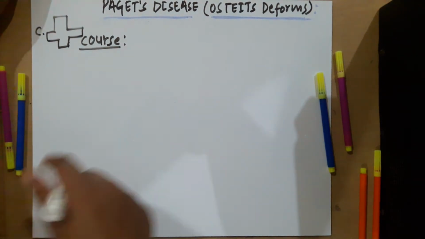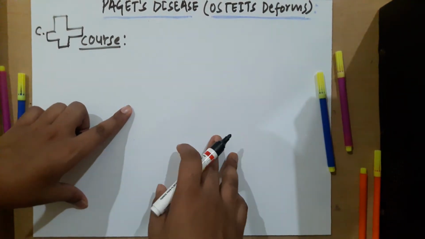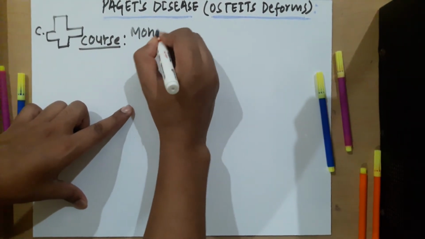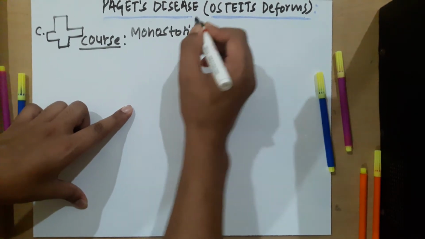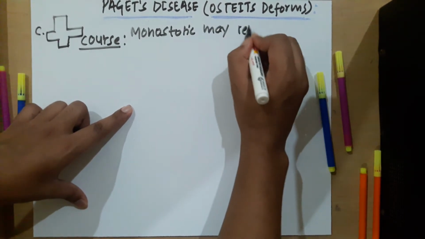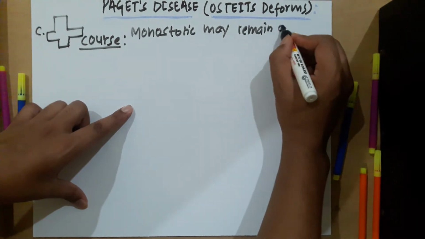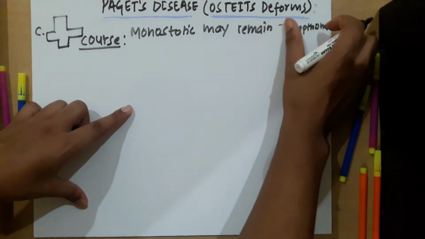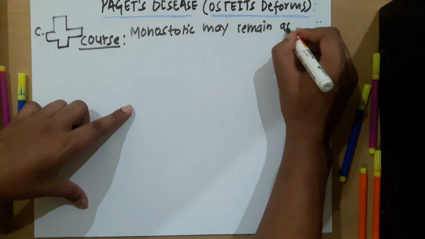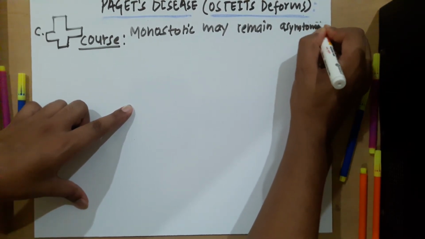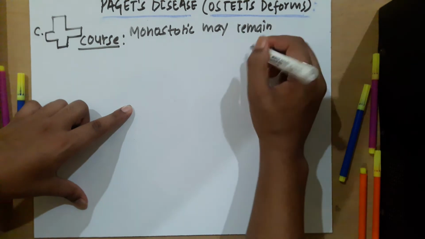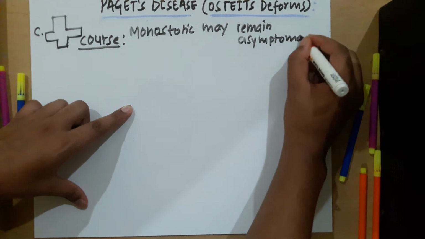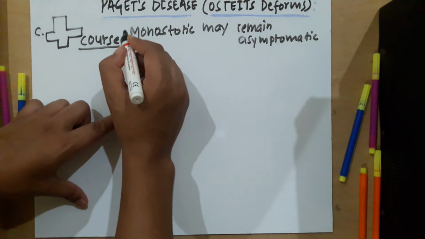As mentioned earlier, the monostotic form of the disease may remain asymptomatic.